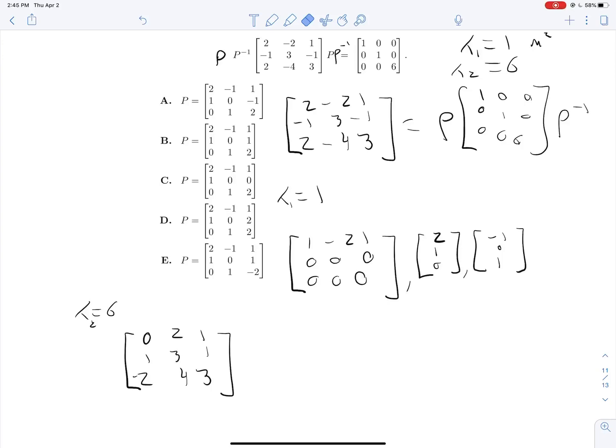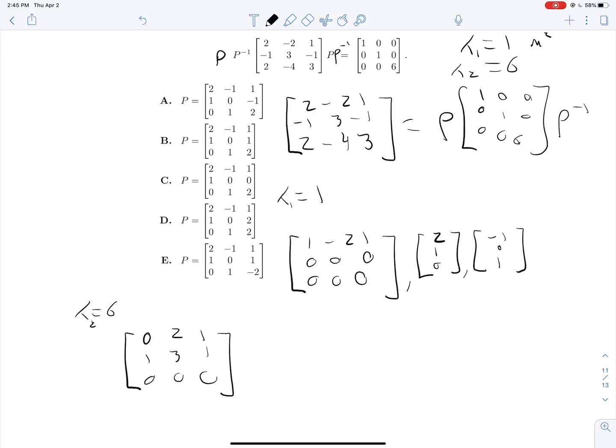And what should we do now? Let's add 2 row 2's to row 3. 0, 10, 5, or 0, 2, 1, and we can use the first row to cancel that out completely.